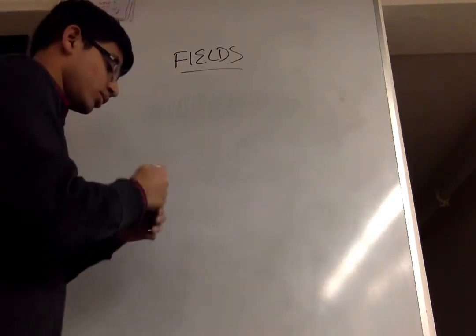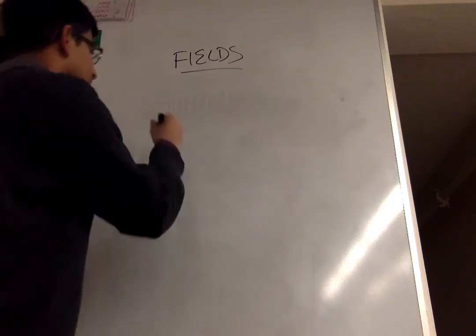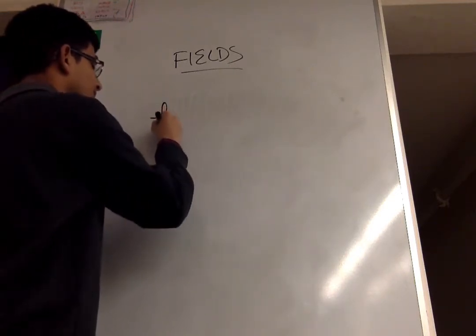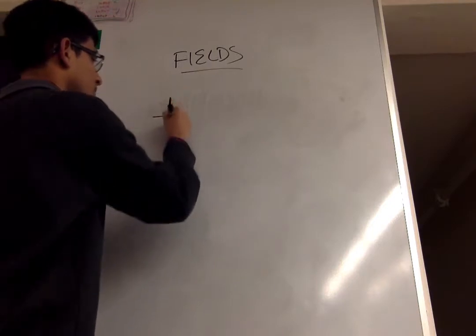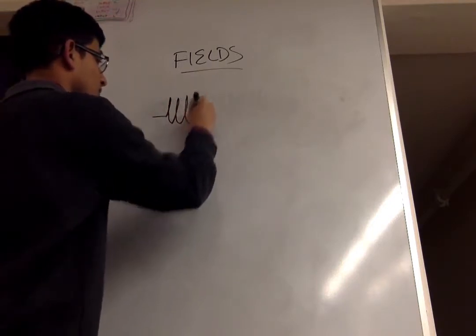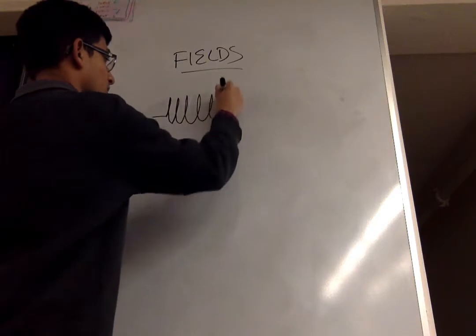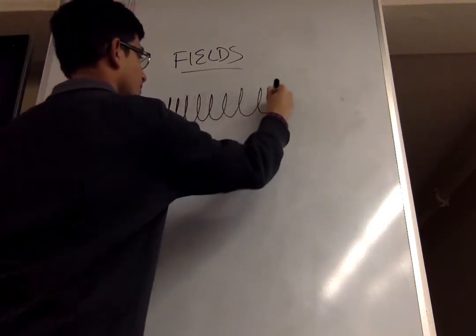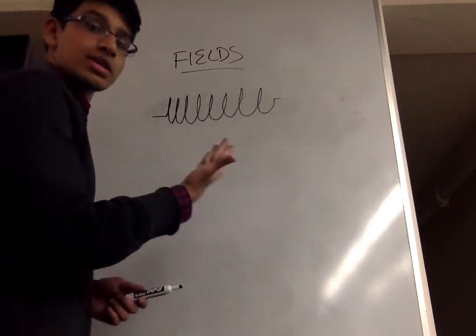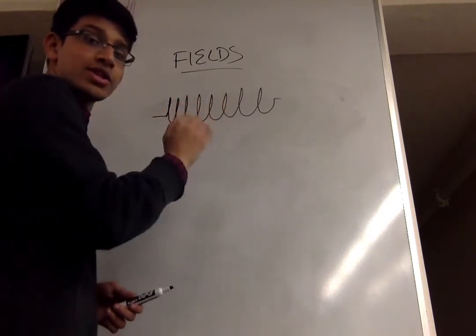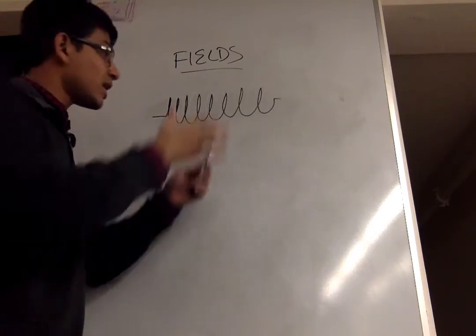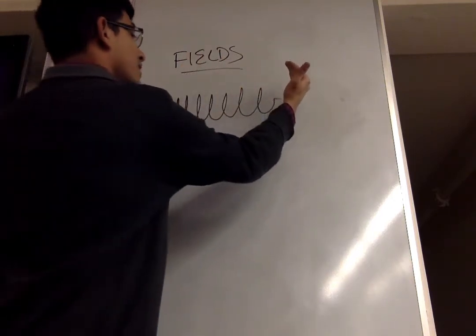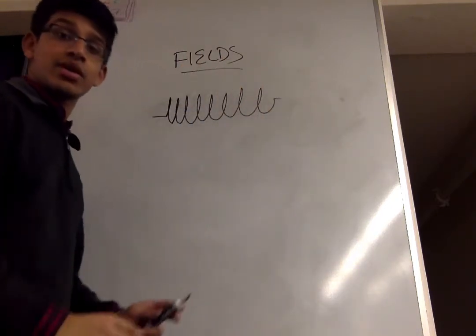So suppose we have a solenoid. Okay, and these loops are going in and out of the page, and they're not in the plane of the page. They're perpendicular to the plane of the page. Like if I took a slinky and kept it like that, just for an idea of reference.